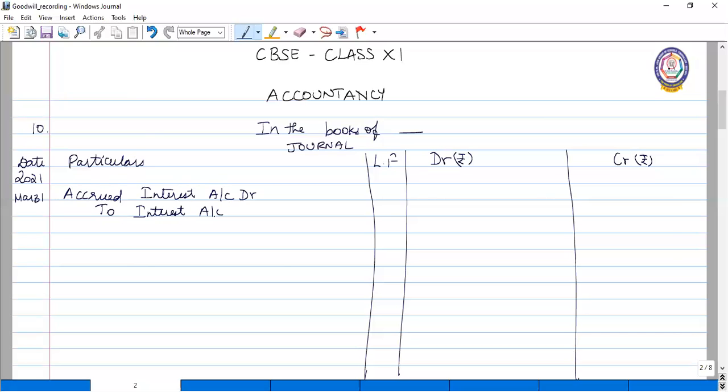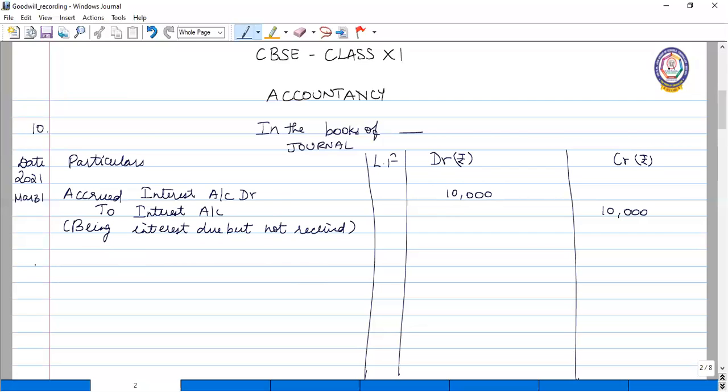And the amount is rupees 10,000. We'll mention in the narration that being interest due but not received.